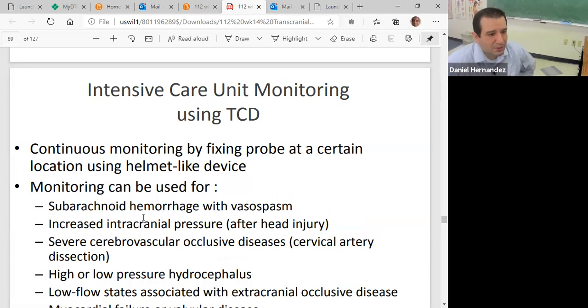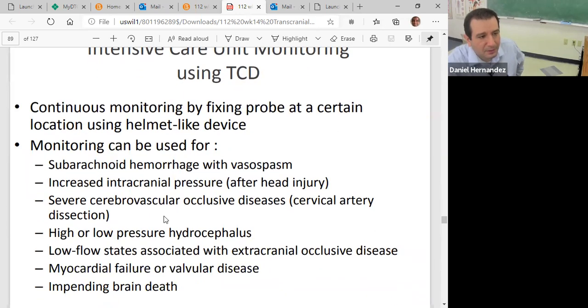Monitoring can be used for subarachnoid hemorrhage with vasospasm, if the patient has increased intracranial pressure after a head injury, in cases of severe cerebrovascular occlusive disease or cervical artery dissection, in cases where there's high or low pressure hydrocephalus or swelling within the ventricles, or low flow states associated with extracranial occlusive disease.